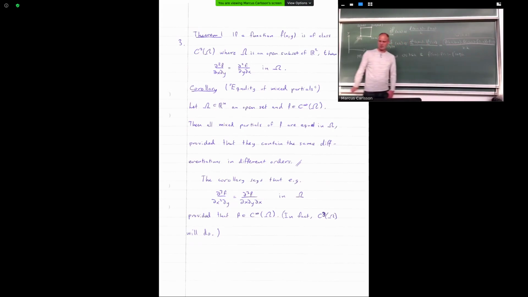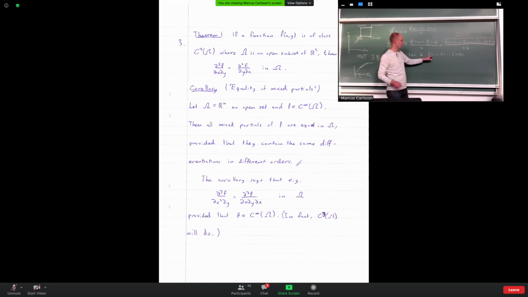times h. This is a kind of natural statement, right? If you have a one variable function, here's the point a, here's your point a plus h. If you take the line between these points, the slope is given by f at the right point minus f at the left point, and then you divide by h.